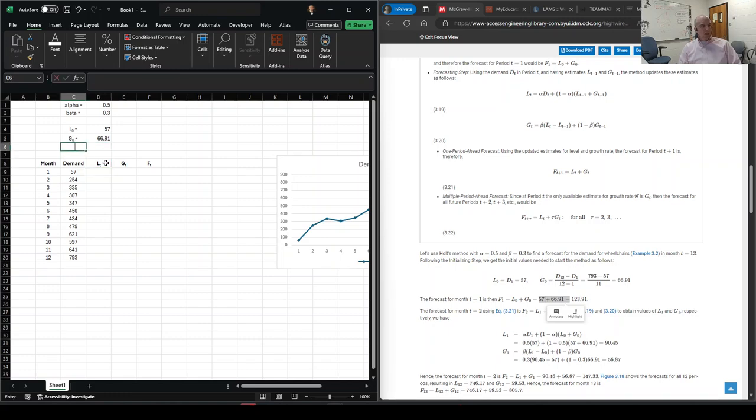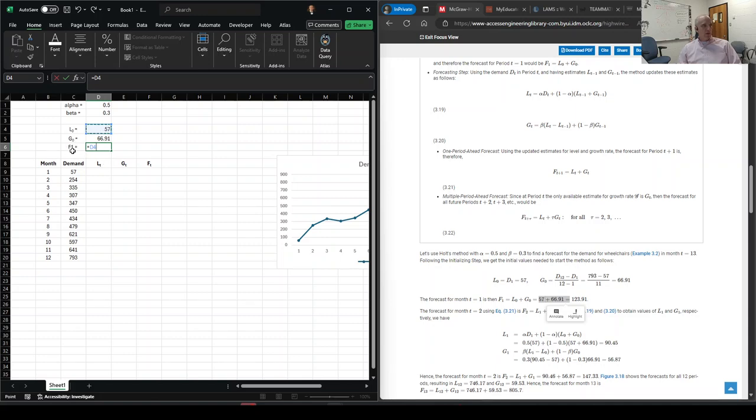Now we have to be a little bit careful about what we're saying. What we're saying is the previous period's base demand, which is 57. So I'm looking at the forecast for month 1.